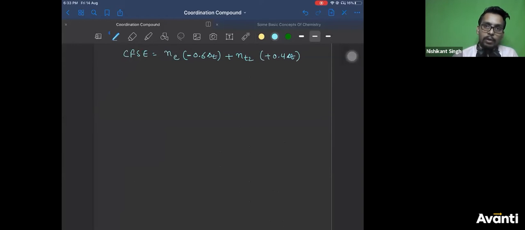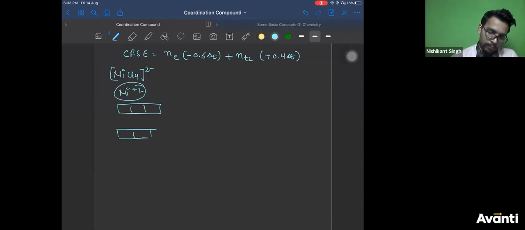You can find the example of NiCl4 2 minus tetrahedral complex. Nickel is plus 2, 3d8. So we have to fill 3d8. E is below, T2 is above. How will we fill the 8 electrons? 1, 2, 3, 4, 5, 6, 7, 8. 4 electrons in E, 4 in T2.